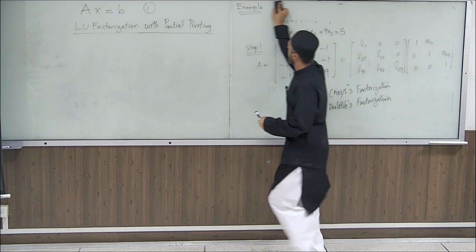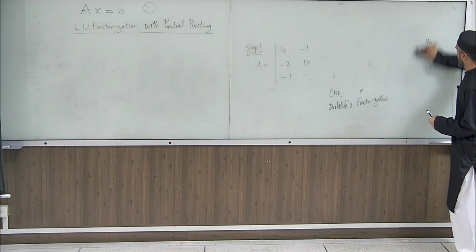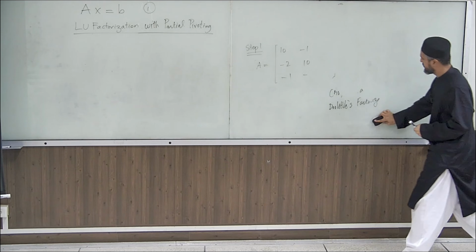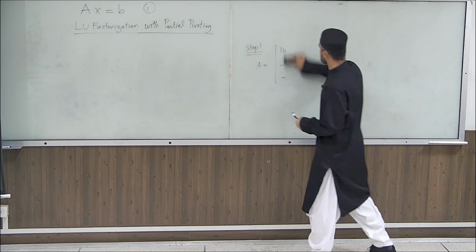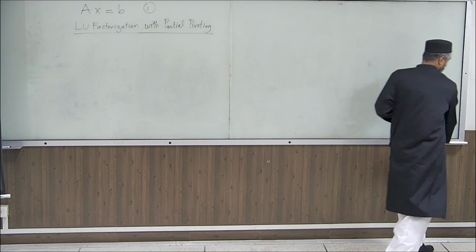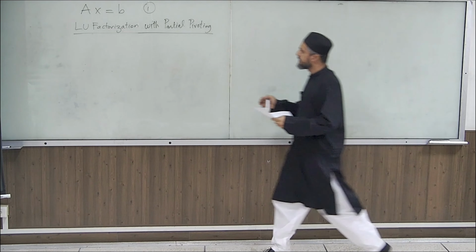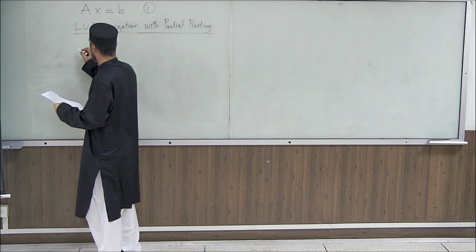For this I'm going to take another example, which might be of a 4x4 system. So let me take an example. I've just calculated it. We try to learn through an example.